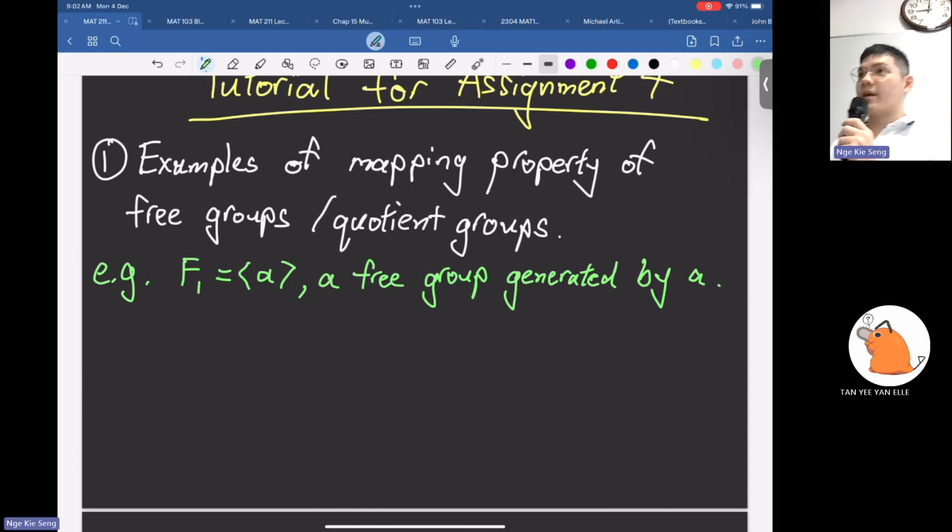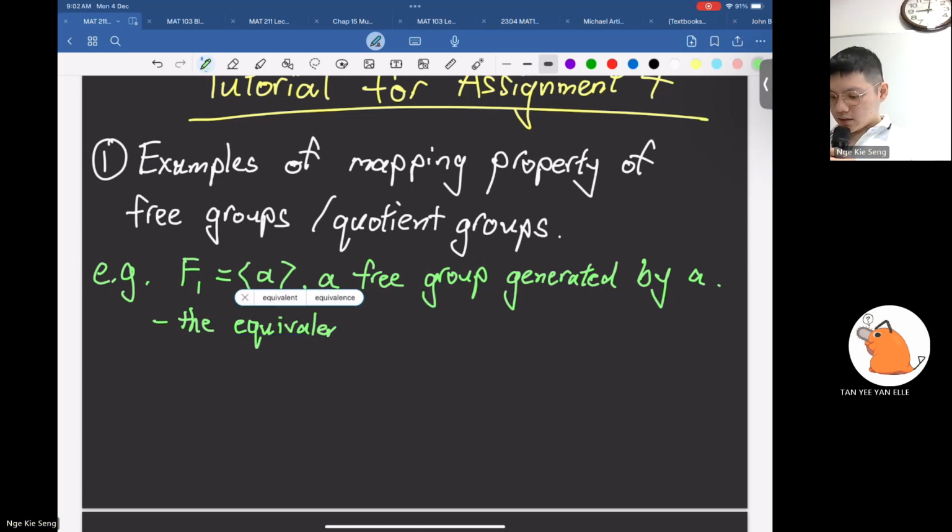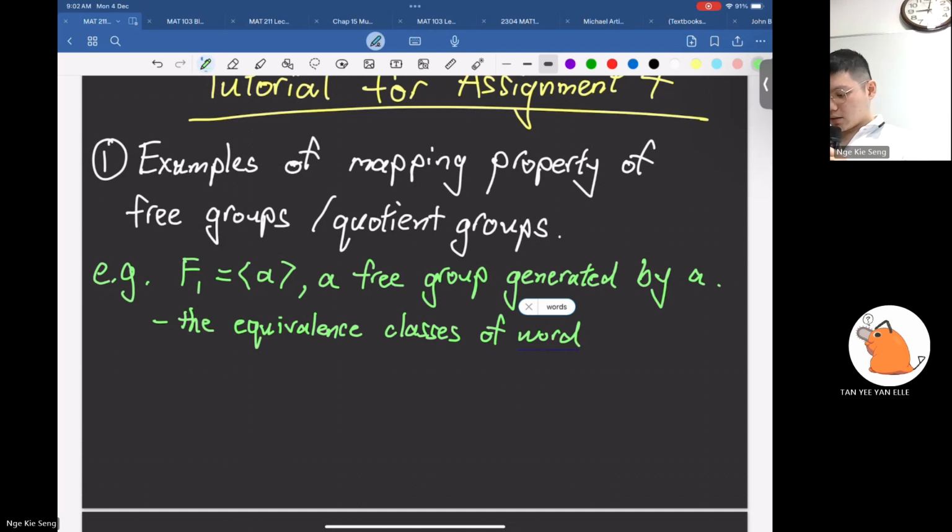Free group generated by A means? In particular, this is the equivalent classes of words.